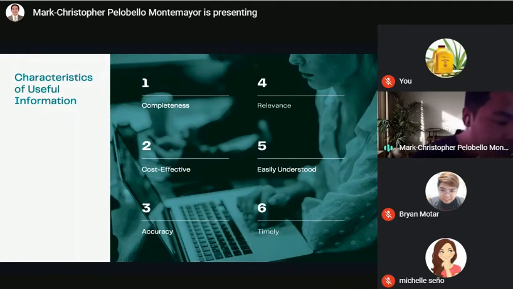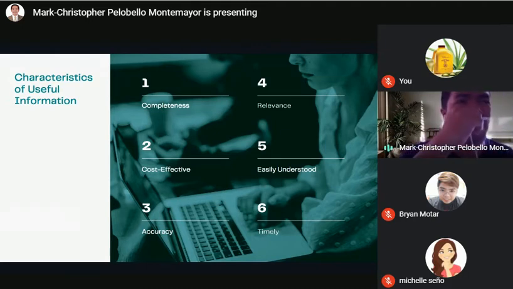It should contain all facts and figures as required by the user. Unless it contains all details, it is not useful. Complete information enables managers to make better decisions. Incomplete information may lead to wrong decisions. Information should be collected from all the sources and provided for decision making.